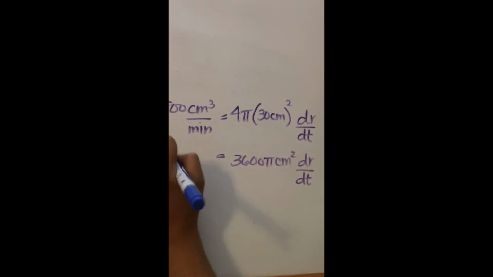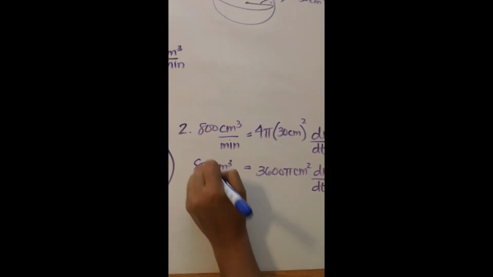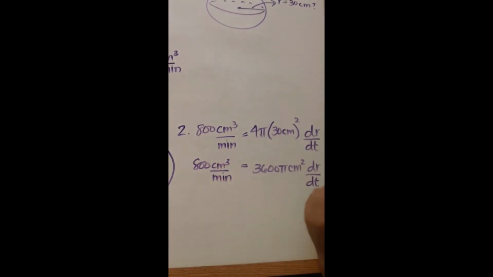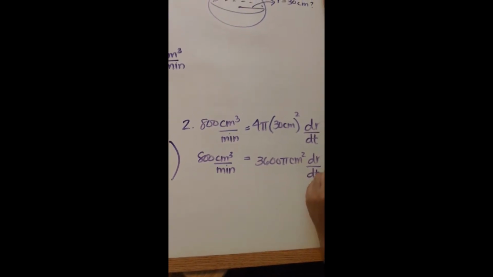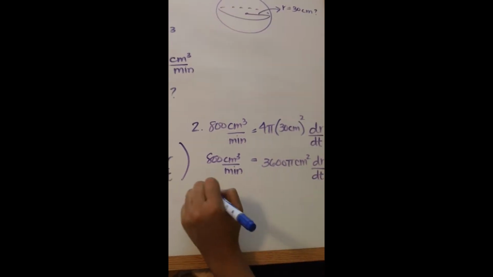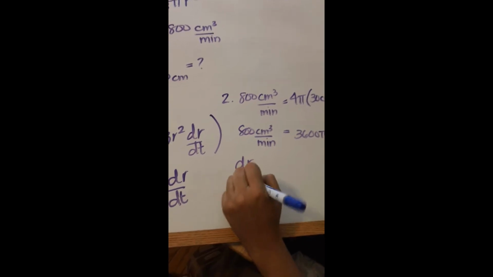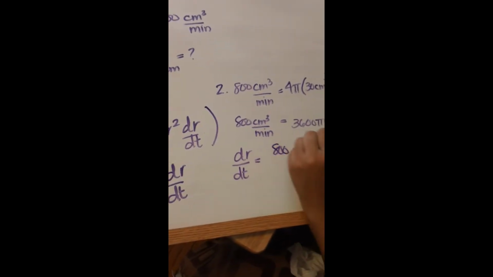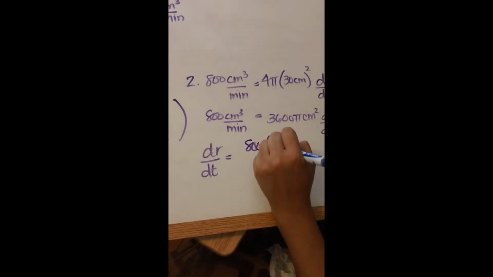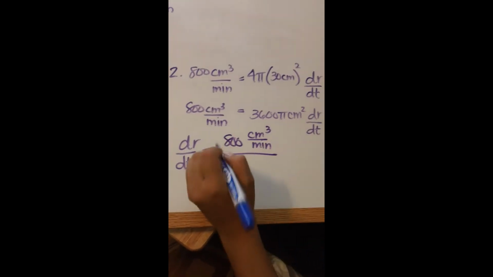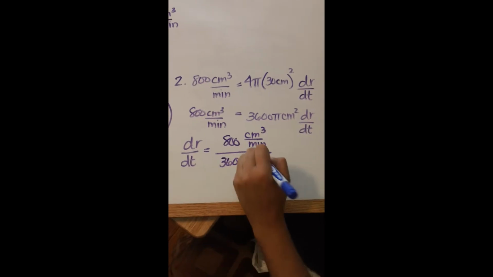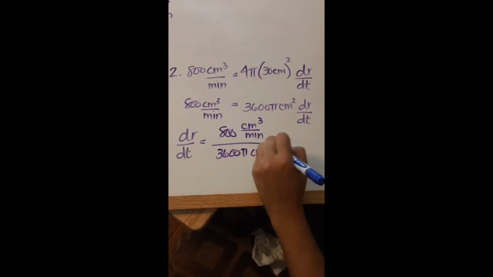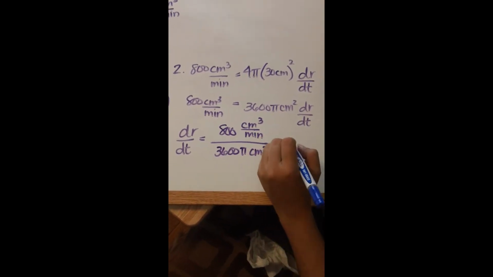That's still equal to the 800 centimeters cubed per minute, and we have to get dr/dt by itself, which means dr/dt equals 800 centimeters cubed per minute divided by 3600 pi centimeters squared.